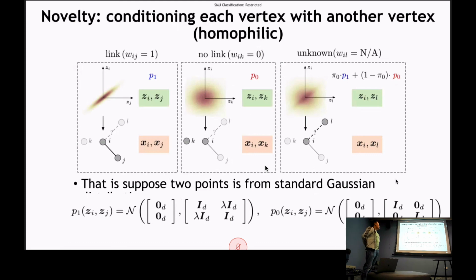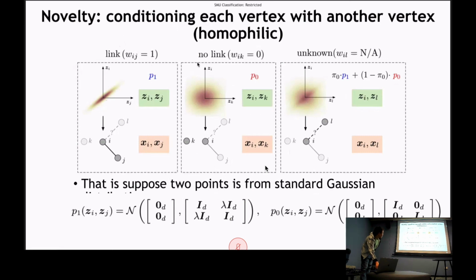So the main novelty of this paper is that instead of training each vertex separately as a data instance, they try to model it as a pair of vertices. And you can see here that in the case that there is an edge between the two vertices, they will use this kind of distribution, which is the multivariate Gaussian.